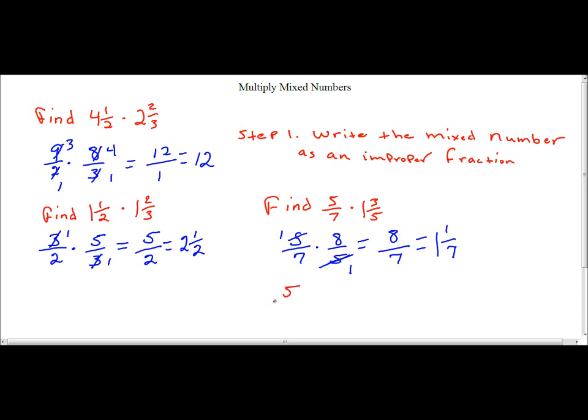I have 5 over 7 times 8 over 5, and 5 times 8 is 40. 7 times 5 is 35. So if I divide that out, it looks like to me 40 over 35, which will equal 1 and 1 over 7.